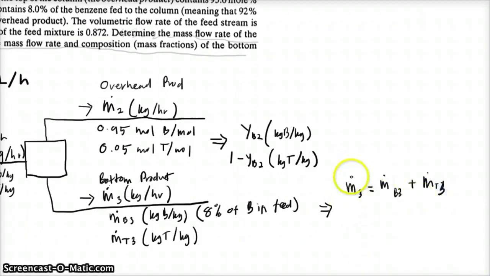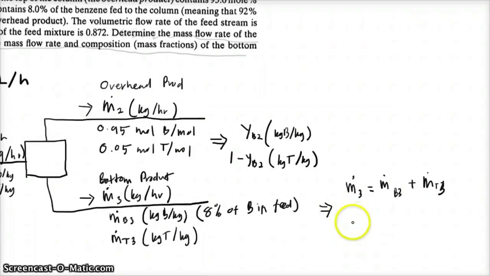So that's the M3. While the mass fraction, since you know in chapter 1 the mass fraction is the mass of the compound of interest over the total mass of the product.